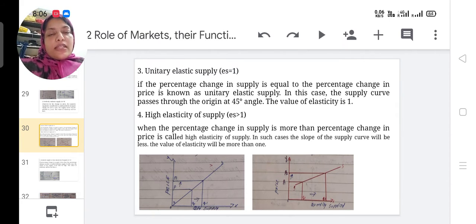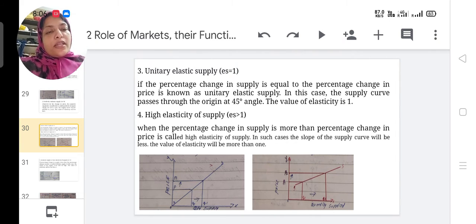If the percentage change in supply is equal to the percentage change in price, that is called unitary elastic supply. In this case, the supply curve passes through the origin at a 45-degree angle. The value of elasticity is 1.